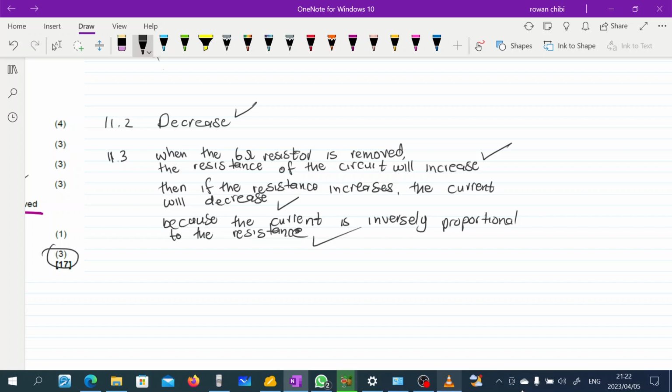That's your 3 marks. When the 6 ohm resistor is removed from the circuit, the resistance of the circuit will do what? It will increase. Then if the resistance increases, the current will decrease. Why? Because the current is inversely proportional to the resistance. So that's how you answer that question. So yeah, we are done with this question. Let us do now another exam question on electric circuits.